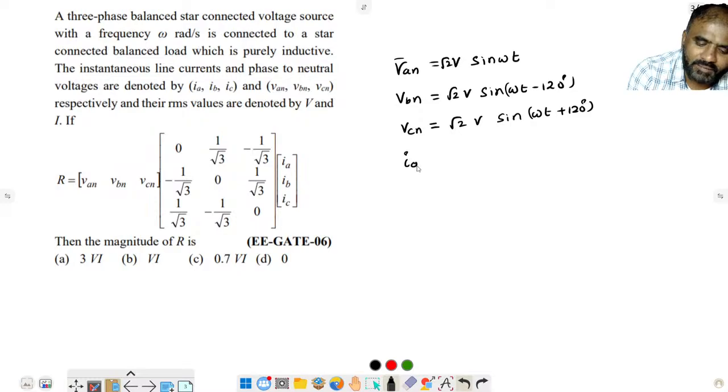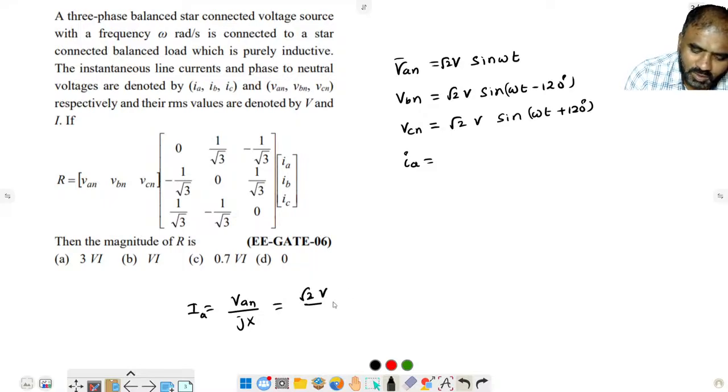What about IA? Since it's a purely inductive load, the current IA equals VAN by JX. Correct? Purely inductive load. So VAN is root 2 V by X sin omega t, and that J is at an angle 90, so when it comes to the numerator it becomes minus 90.